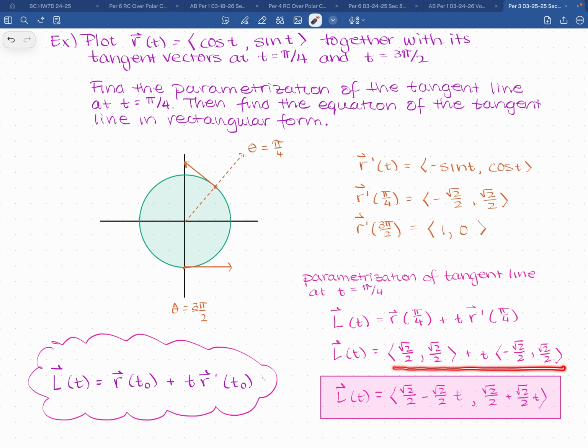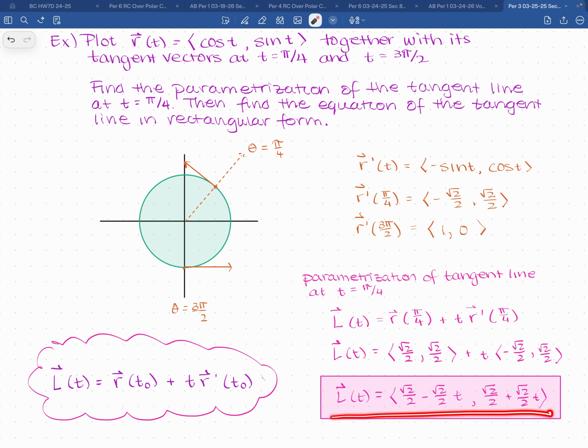So now if we put this all together, if I distributed the t to these two coordinates and then added my horizontal components together, you get root 2 over 2 plus negative root 2 over 2 t right here. And the vertical components, you get root 2 over 2 plus t times root 2 over 2, which is right there. And this is your vector parameterization for the tangent line.